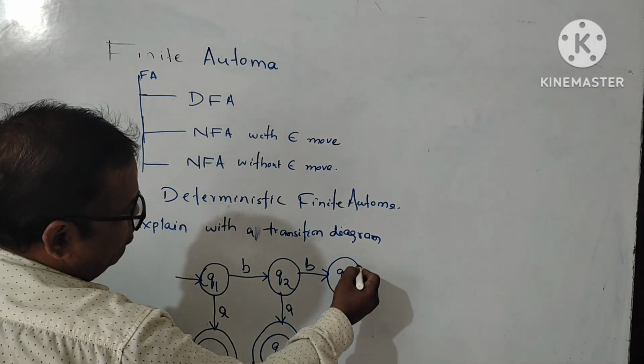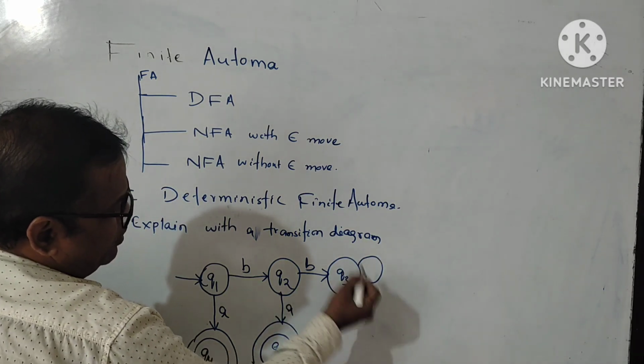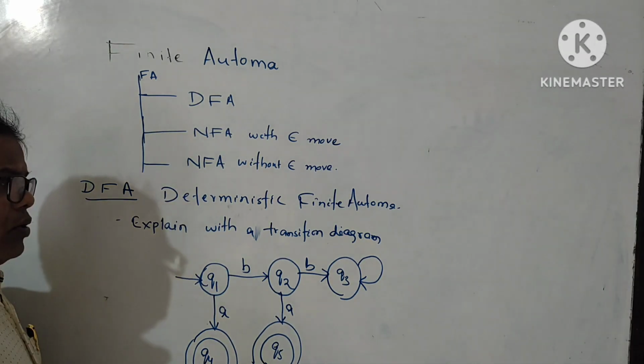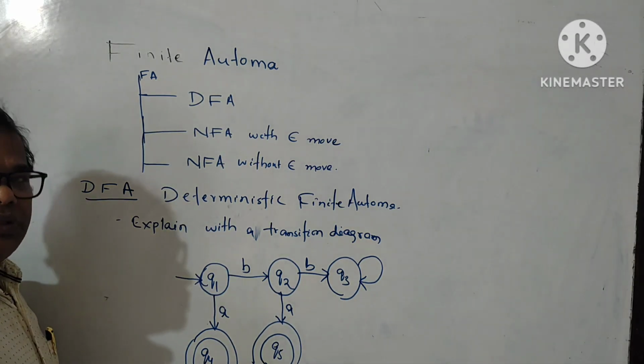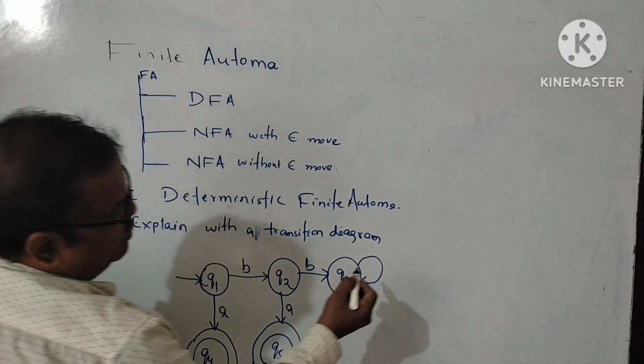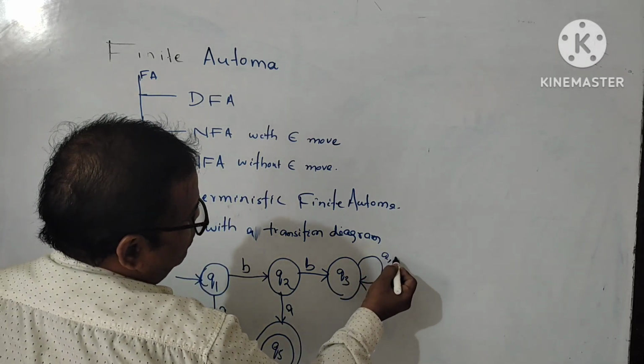The idea is that for every state, for each input symbol, there is a transition. So what are the input symbols here?